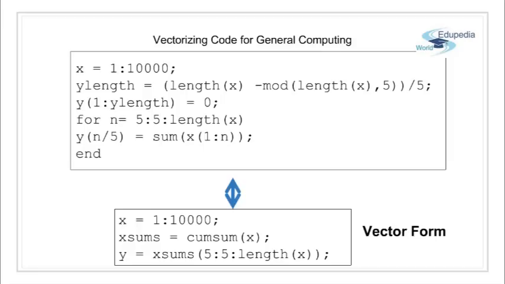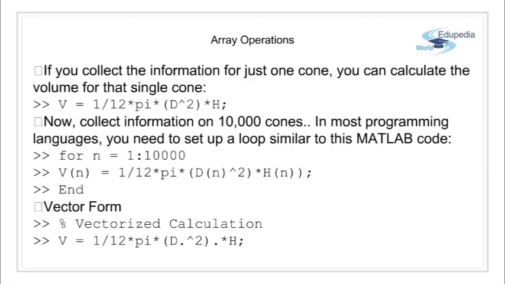The more concise way, which I have duplicated in the green box, is just doing the cumulative sum of the entire x vector, and then passing only every fifth element to the vector y. So this is also one way of accomplishing the same task. Instead of segregating it, I take the cumulative sum of each and every element, and then separate only the fifth elements that we need.